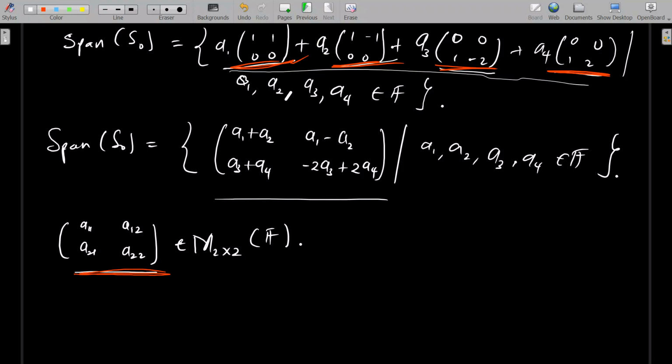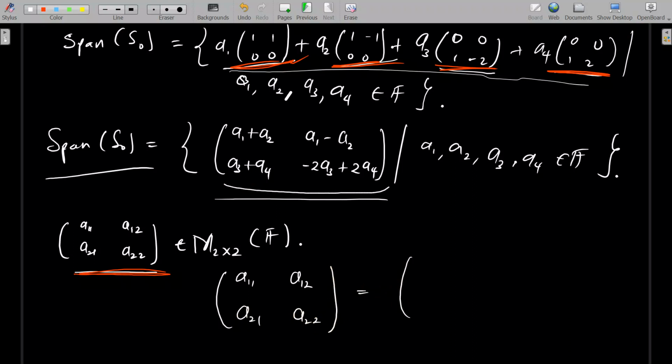So the first thing I want to do is write an equation. If this matrix that I have here belongs to the span of S0, then it can be written in the form that we've had here, that is, the span of S0 is given by that form.